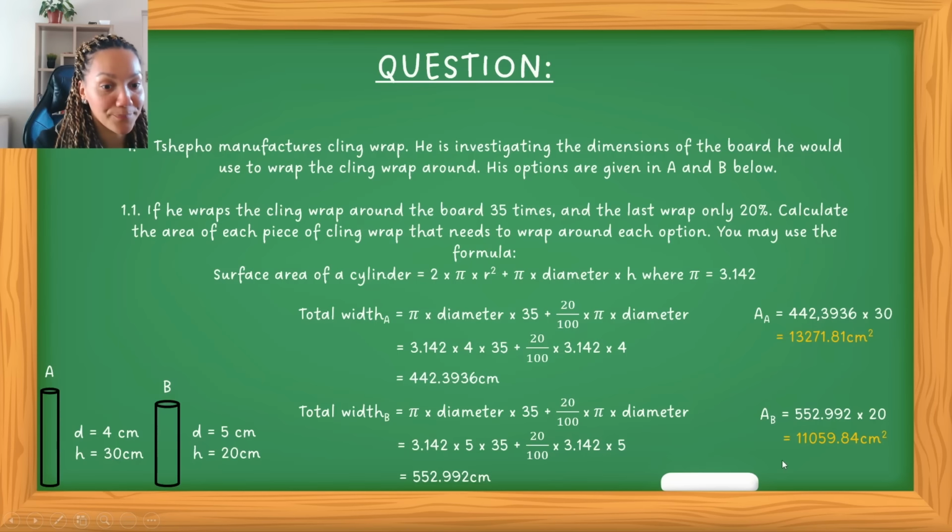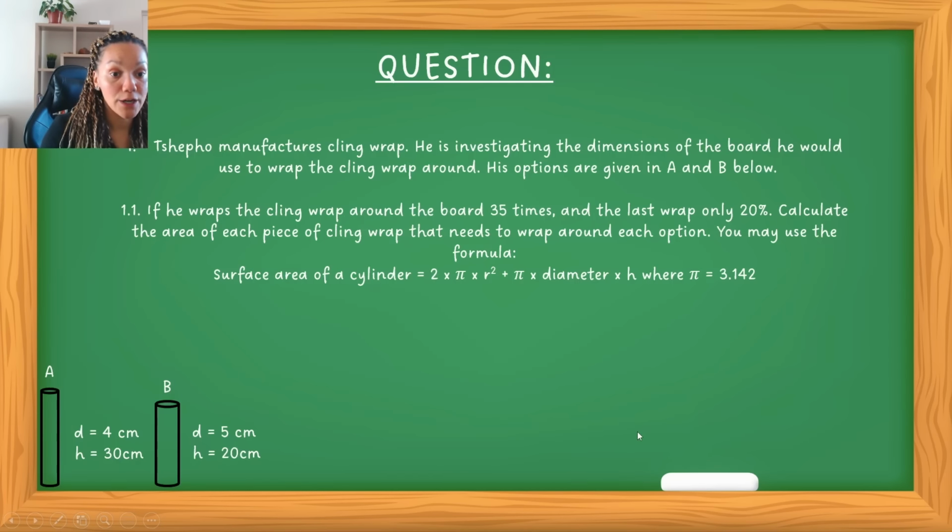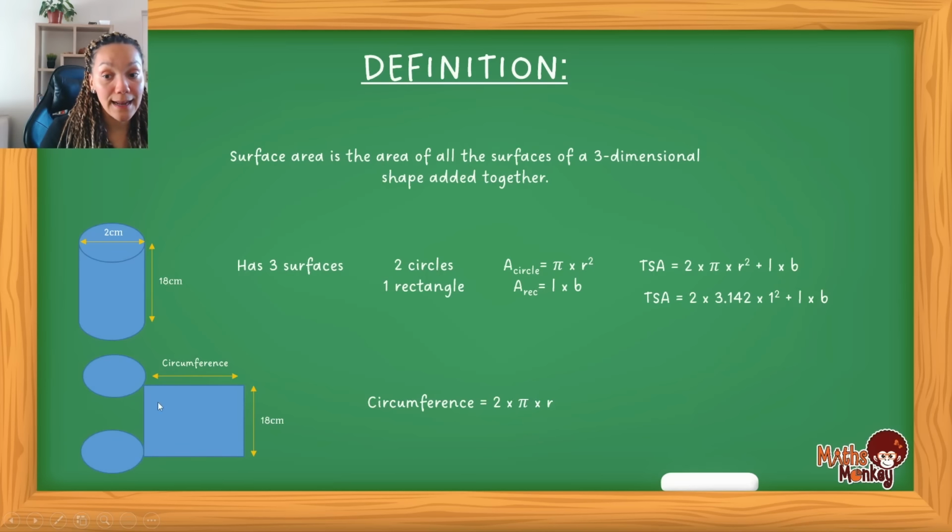I hope that makes sense. If it doesn't, go back and replay it as many times as you need to make sure you understand this. The concept that we are learning here is surface area. This question is taking what I showed you in the previous slide where we had the rectangle here.